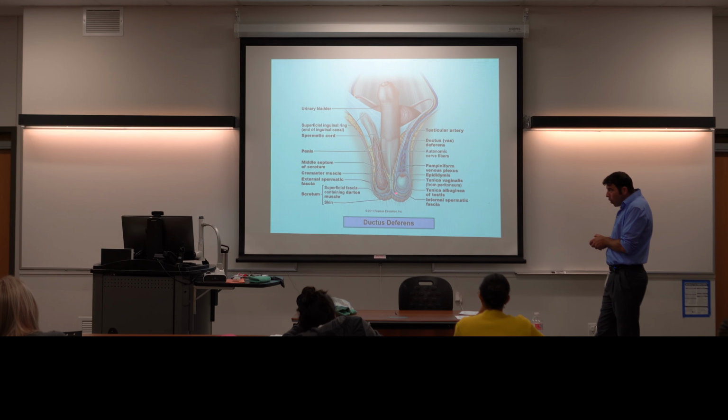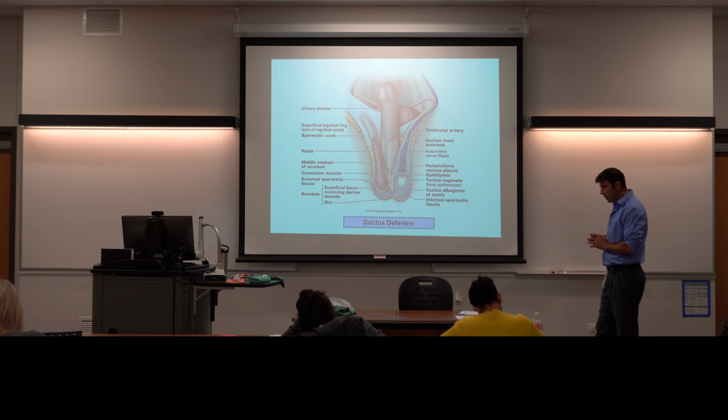Then if we look at the layers of the scrotum, the outer layer is the skin, but just underneath the skin is a thin layer of smooth muscle called the dartos muscle. Being smooth muscle, you're not in voluntary control of this.